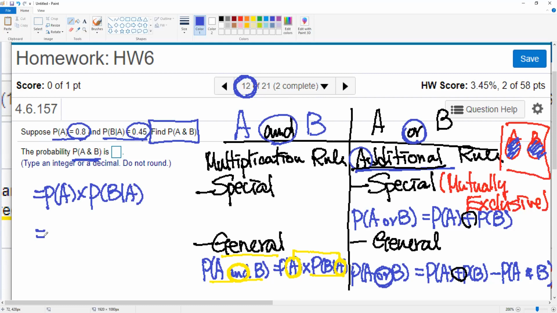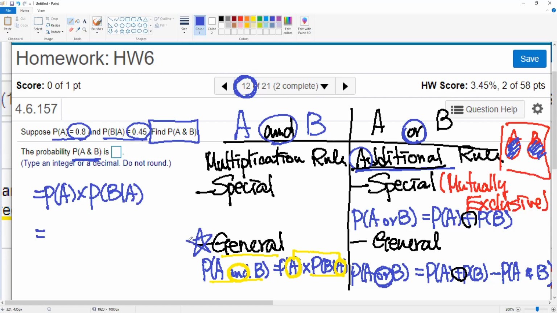I just chose a basic problem. With the conditional probability and the general multiplication rule, everything is given, right? So we just plug into the formula and we can get the answer.